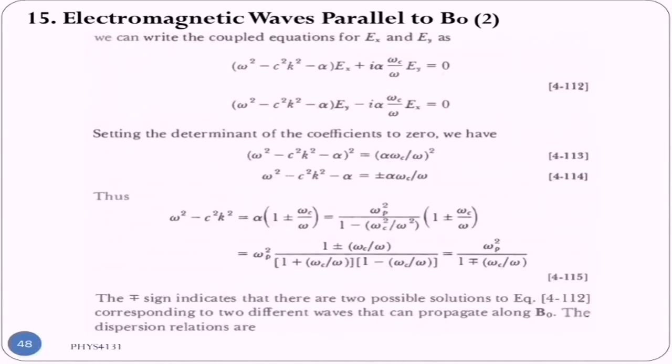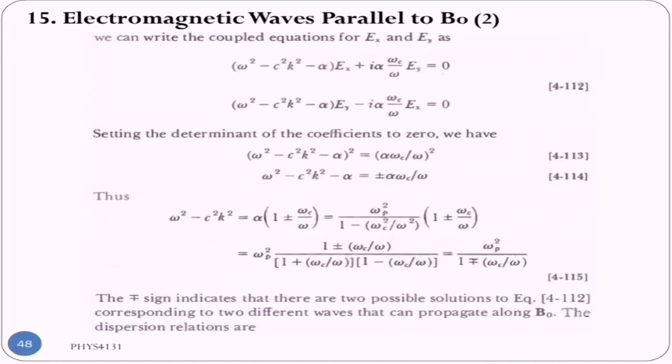We now set the determinant of the coefficients to 0. We have (omega squared minus c squared k squared minus alpha) to the power 2 equal to (alpha omega_c over omega) whole squared. Further simplifying this, we get omega squared minus c squared k squared minus alpha equal to plus minus alpha omega_c over omega. Thus we get our final result: omega squared minus c squared k squared is equal to alpha times (1 plus minus omega_c over omega).